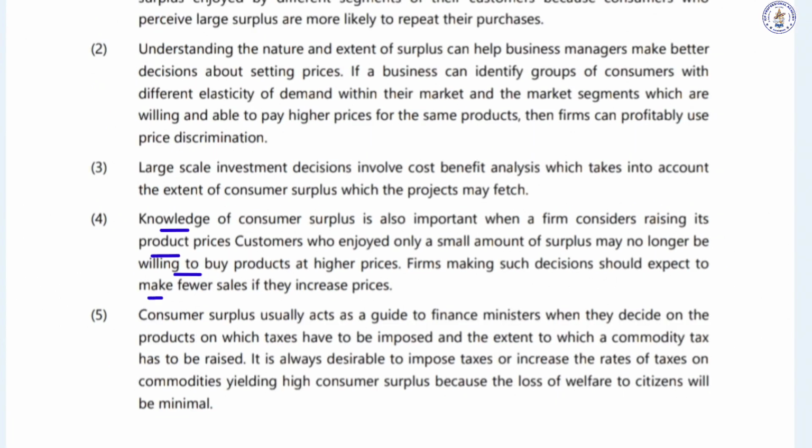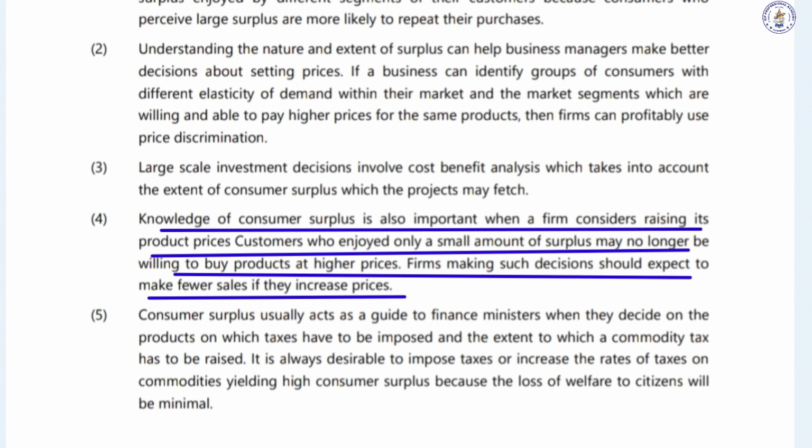Fourth one is that it is a very important factor for the business firm in increasing product prices. When only a small amount of surplus is given, the buyers will not go for higher prices. So the firm has to decide when to increase and how much.